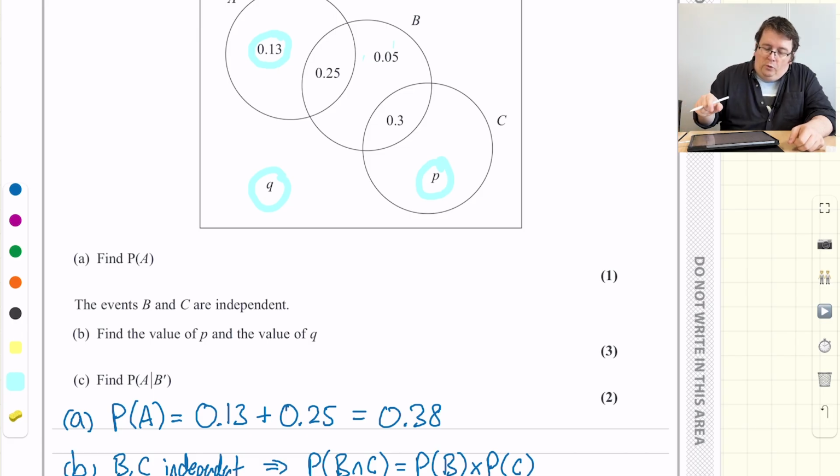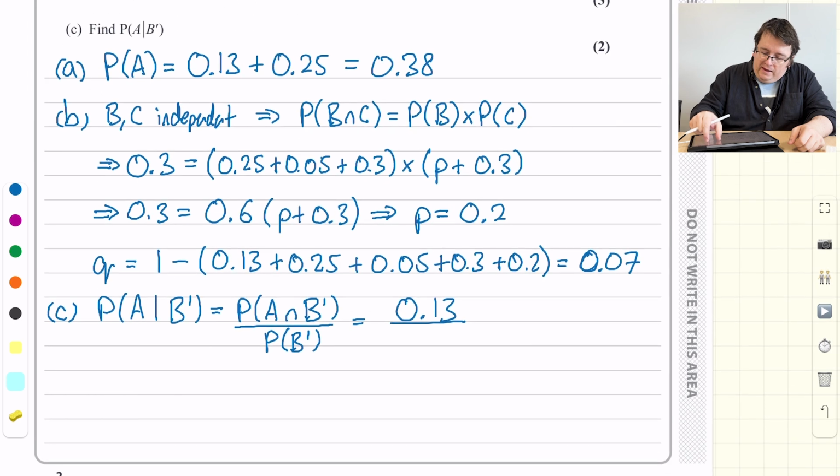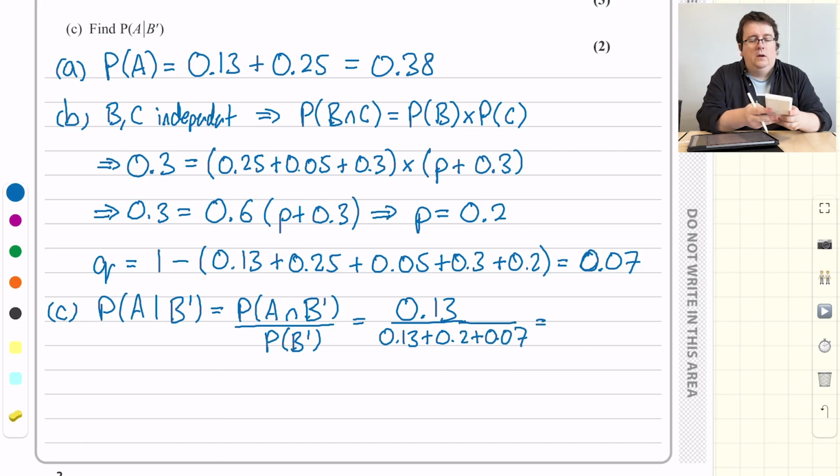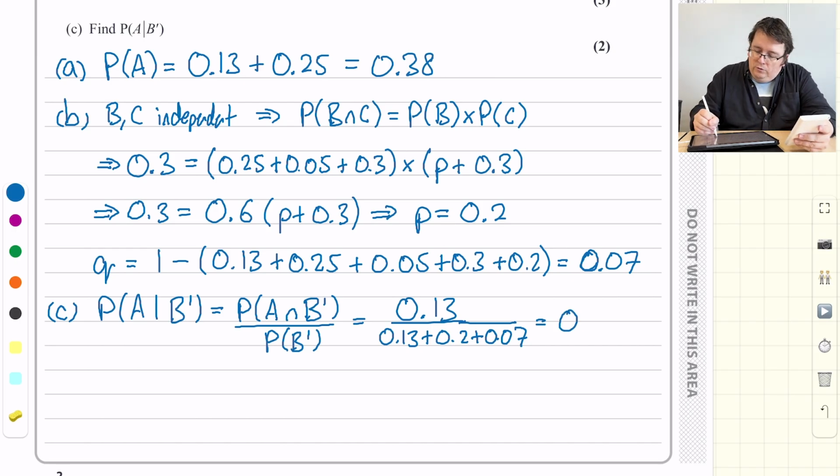So 0.13 plus P plus Q. So 0.13 over 0.13 plus 0.2 plus 0.07, and that gets us 0.325. And that's my answer.